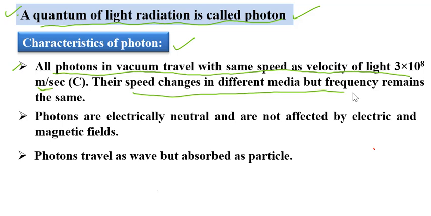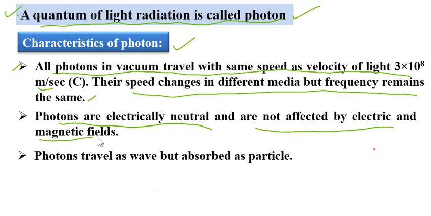The photons are electrically neutral and are not affected by electric and magnetic fields. The photons travel as waves but are absorbed as particles. It looks like a wave, but it is not a continuous wave. It is a discontinuous wave. This is the particle nature also.